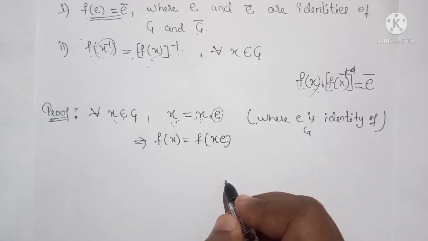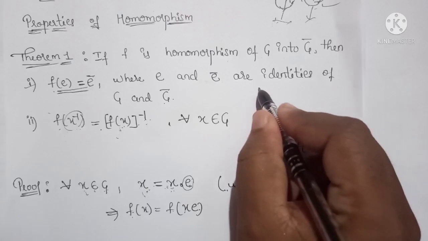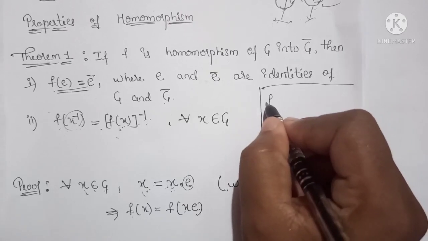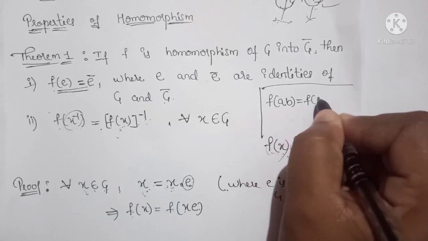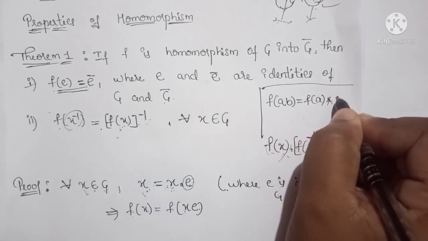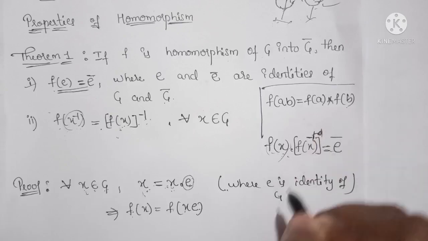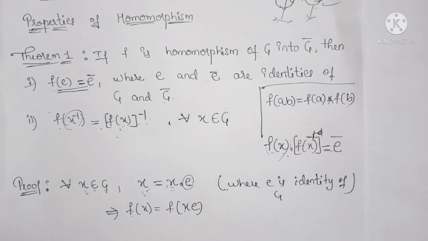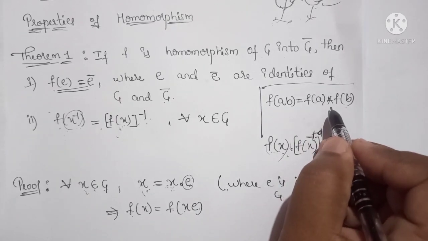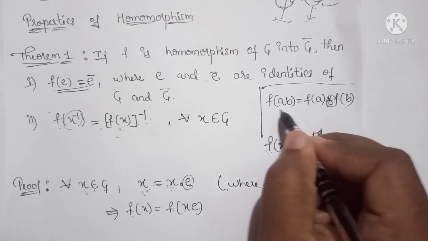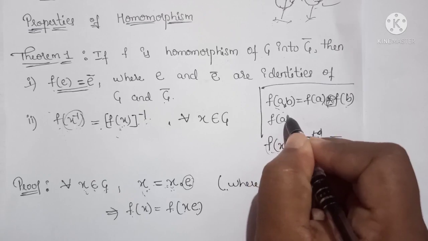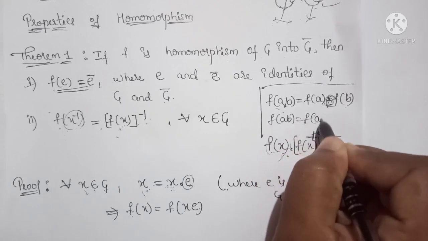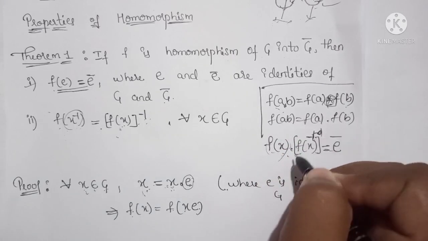But by the definition of homomorphism we have f of ab is equal to f of a star f of b, right? Here the star just indicates that it is also the same operation. Okay, so you can write f of ab equals f of a dot f of b, both are the same, right?